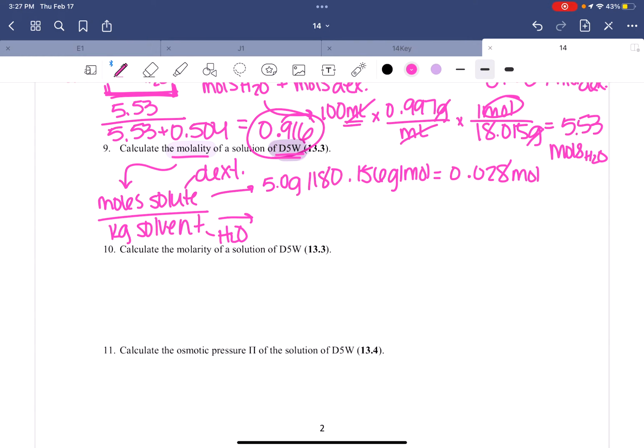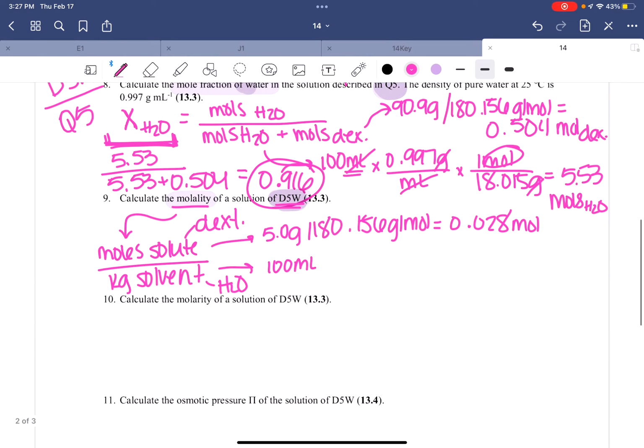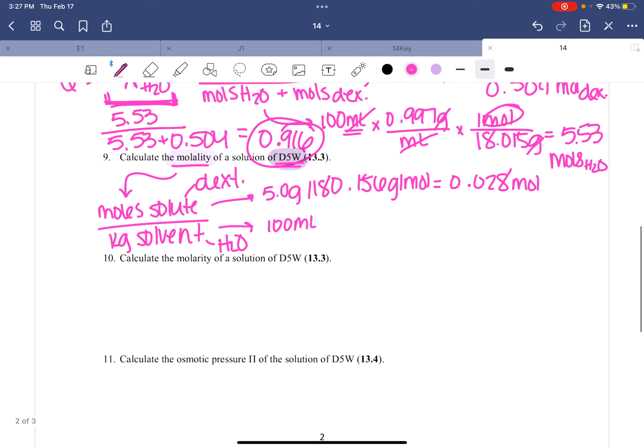Then to find the kilograms of solvent, we know that we have to start with the 100 milliliters of solvent. Just like we did in the mole fraction, we want to convert from milliliters to grams, and we're going to use the density of water to do that. So that's 0.997 grams per milliliter. That gets rid of milliliters, and now we want to go from grams to kilograms, because that's what's in our formula.